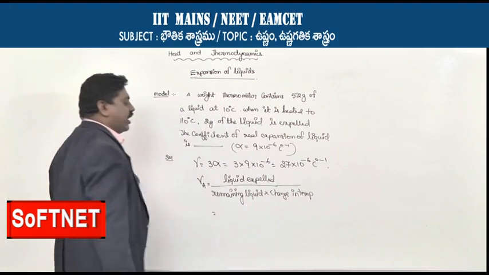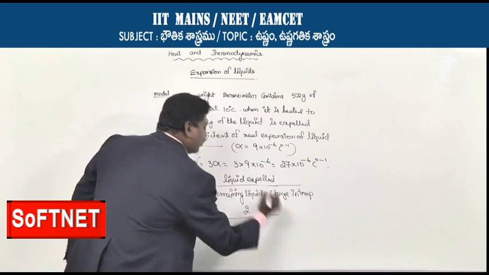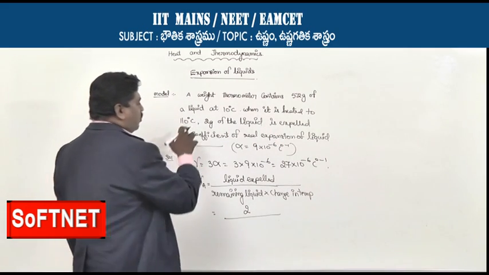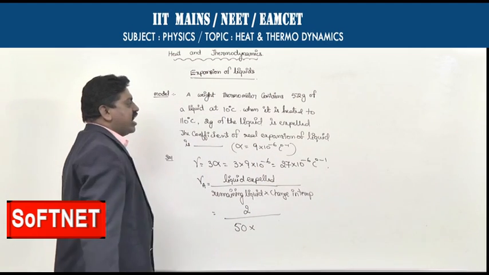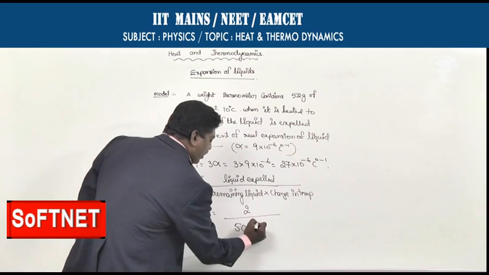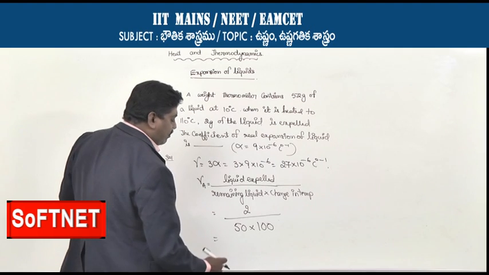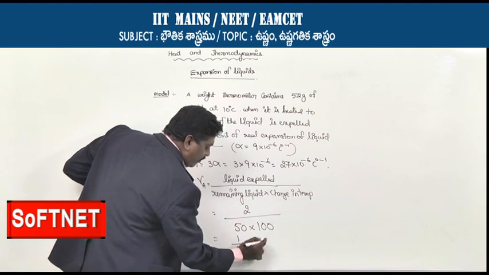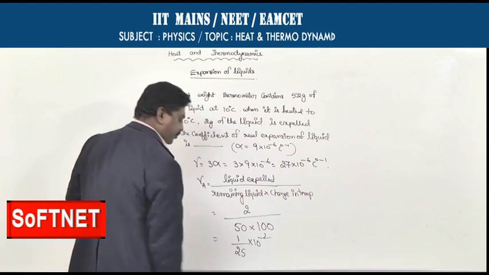And in the problem we are given liquid expelled as 2 grams, and remaining liquid is, from total 52 we have to subtract 2, so we are going to get 50, and change in temperature is given as, from 110 if you subtract 10 you are having 100. So that we get the value as 1 by 25 into 10 to the power of minus 2.